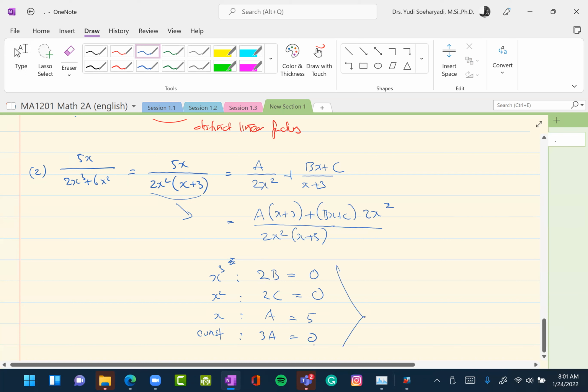So what you get from here? That's a equals 0, right? So b equals 0. c equals 0. Right? So what's wrong with that one?